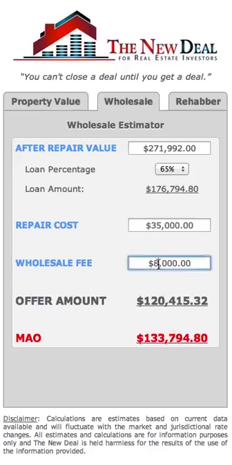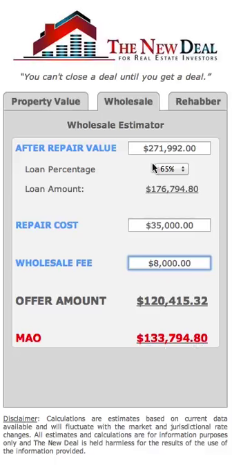Now, let's just say that you'd be willing to go to a $5,000 wholesale fee. So by just simply entering that, automatically now the numbers have shifted, and for you to make $5,000 you can offer $123,115 right here, and your MAO, your maximum allowable offer, could be $136,000, which is more than it was at $8,000 because it was only $133,794.80.